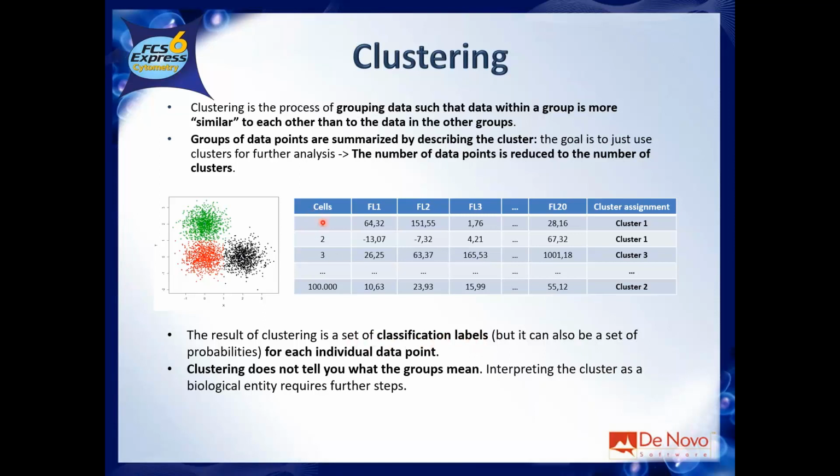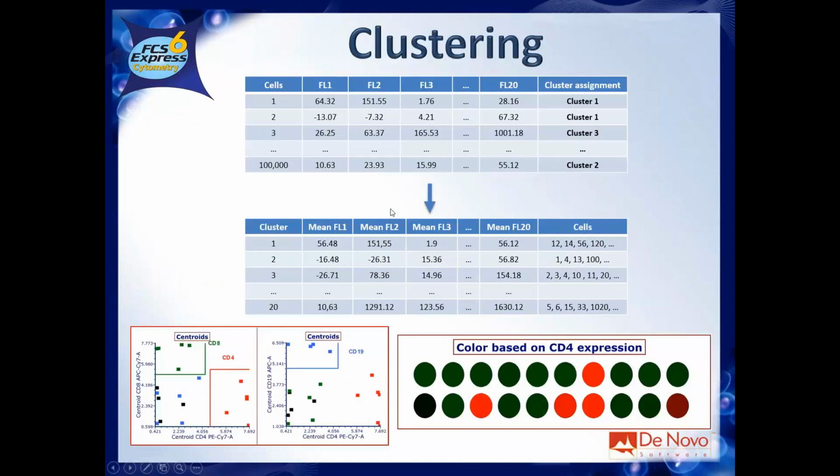So for each cell, you need to decide if it belongs to cluster 1 or cluster 2 or whatever. A cluster, either cluster 1, 2, or 3, doesn't tell you what's inside that cluster. So the data exploration is something that is performed after the clustering. This is another way to look at the clustering. So this is what I'm starting with.